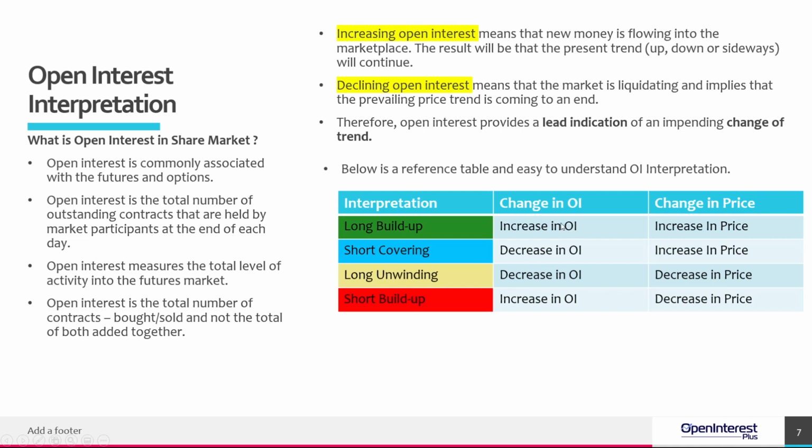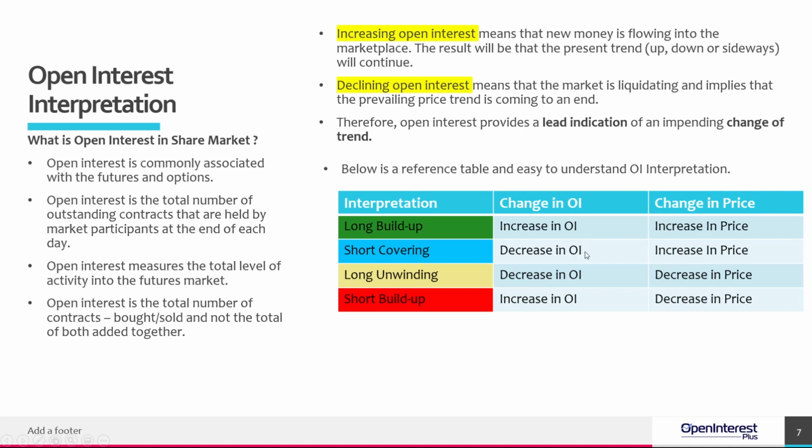We combine that information with the price parameter. Looking at the first one, if there is an increase in open interest along with an increase in price, then we interpret it as long buildup, or basically bullish.